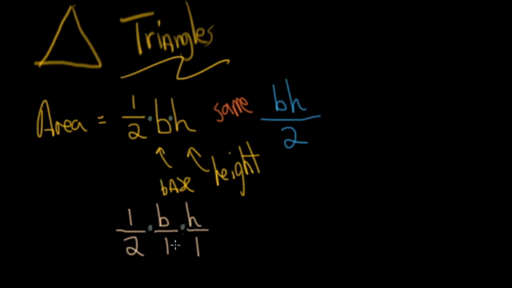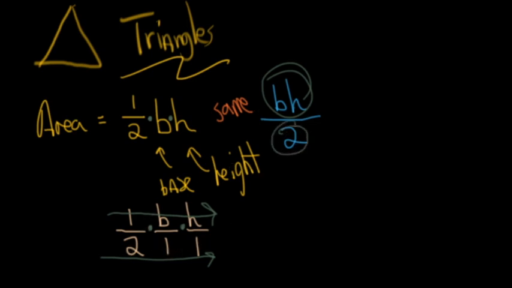So when you're multiplying like this, you're going across the top and across the bottom. So 1 times base times height is just base times height, and 2 times 1 times 1 is just going to be 2. So that, my dear math students, is why they're the same.